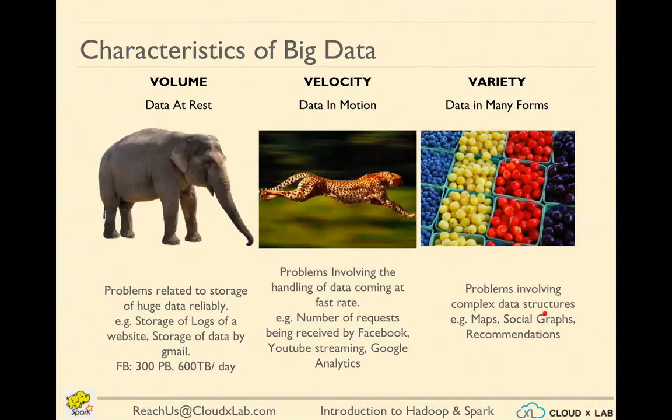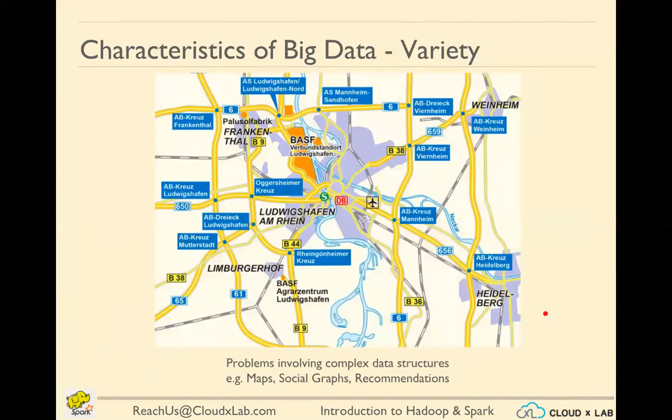All right. Let me further detail the variety part. Let's say you have to go from one place to another and you are given a map. Even though a map is not really big data, a map of a country is hardly a couple of gigabytes.